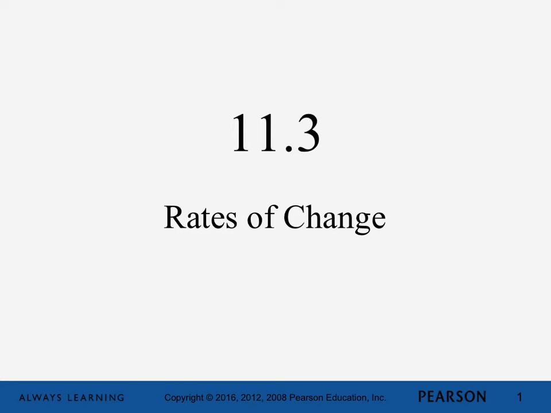A rate of change is basically a change in some kind of output of a function. And right now I'm just going to use the word output.